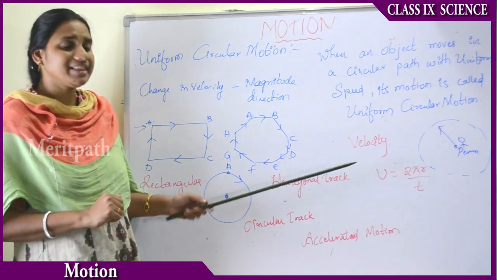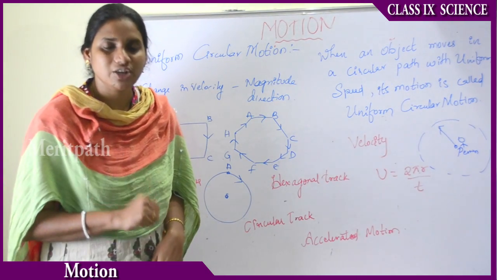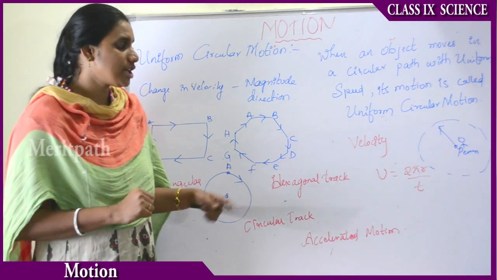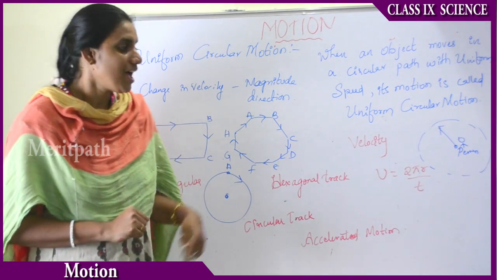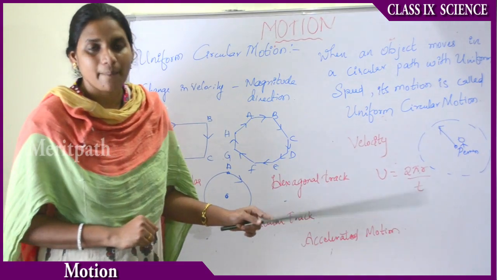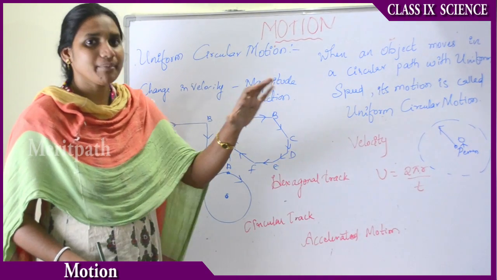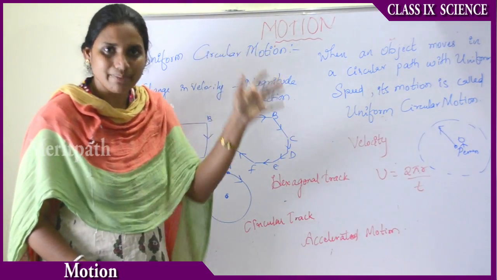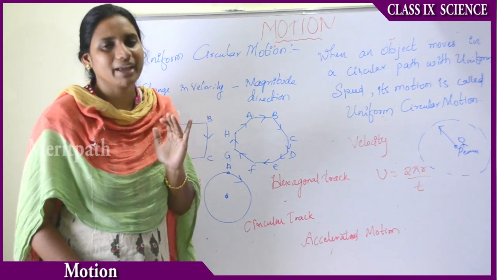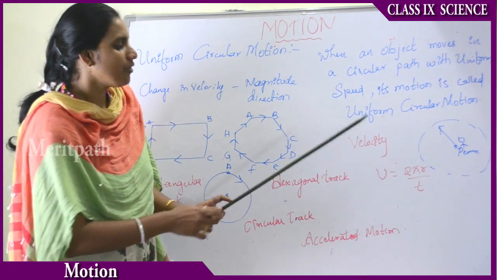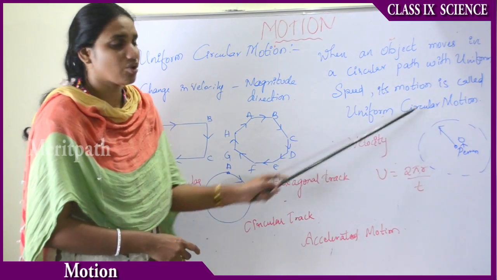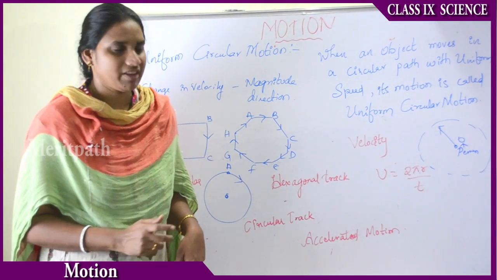Now let us define the velocity of a circular motion. Velocity of a circular motion is defined as the rate of change in distance by time, that is the total distance covered by the object by the total time taken to cover that distance, right? Now we have seen here the circumference of a circle is 2 pi r, we know that.